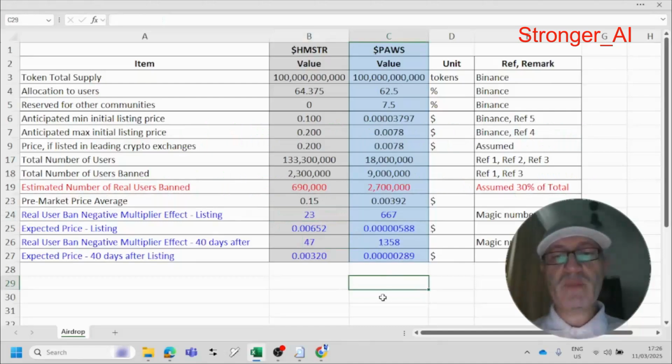So the PAWS price I expect to be 0.00392 divided by 667, which will be this value, 0.50588. And after about 1 month or 40 days, it will drop below this value I have given here, 0.50289.